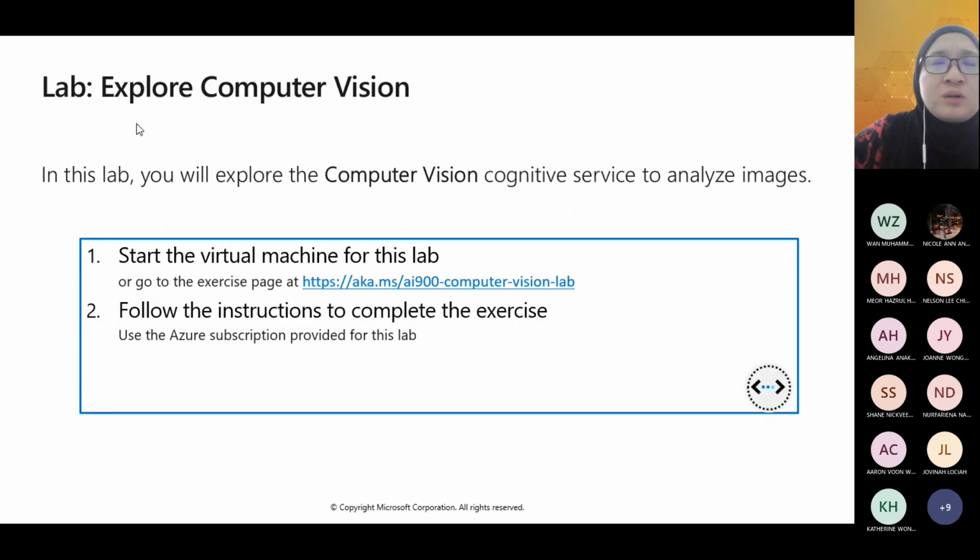So for the lab, explore computer vision. In this lab you will explore the computer vision cognitive service to analyze images. You start with your virtual machine for this lab. Follow the instructions to complete the exercises.